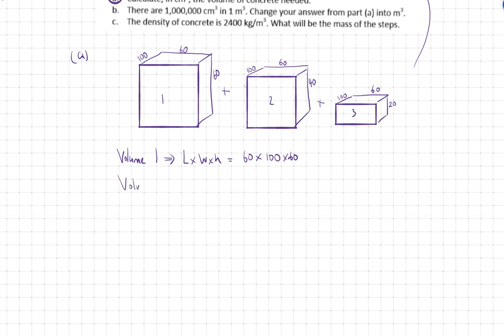Volume 2 is going to be the same: 60 times 100 times 40. Volume 3 is going to be the same: 60 times 100 times 20.